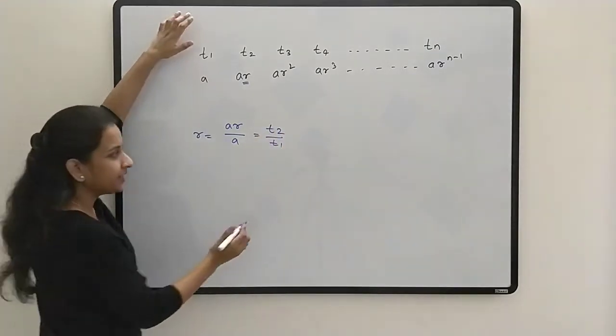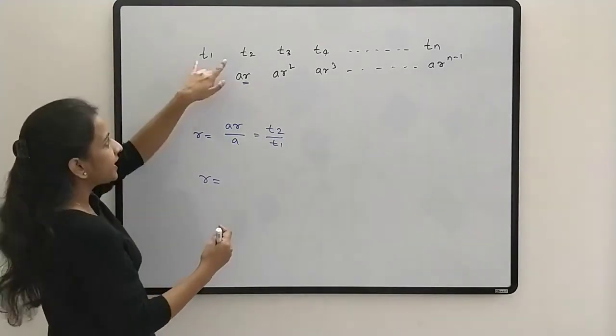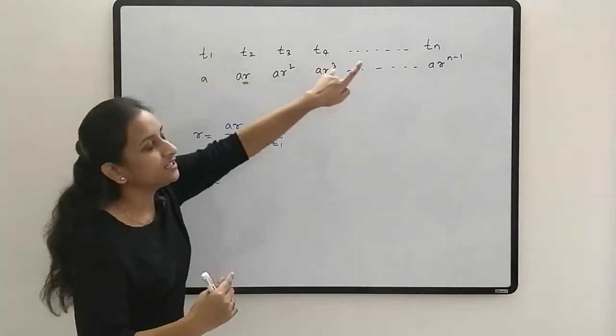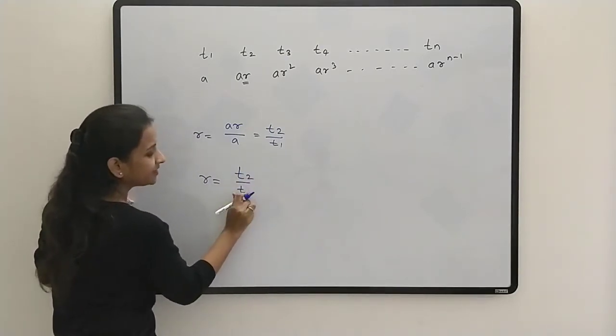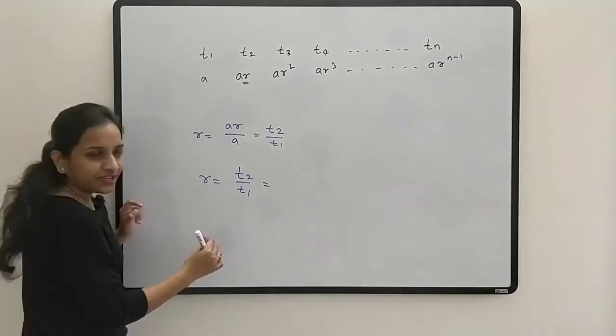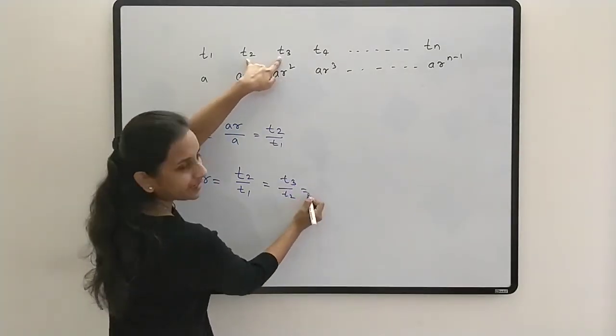So, what we are doing? We can say R is equal to the ratio of any two consecutive terms in a GP series. T2 by T1, second term divided by first term. Okay. We can find R here also. T3 divided by T2, like this.